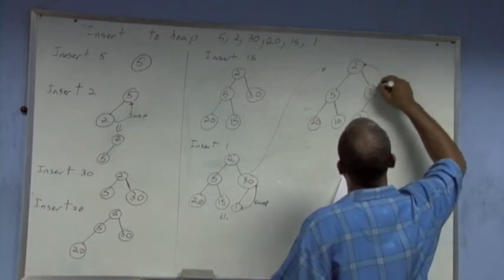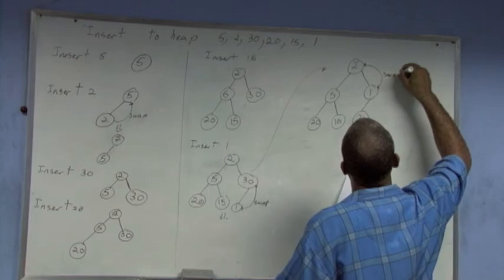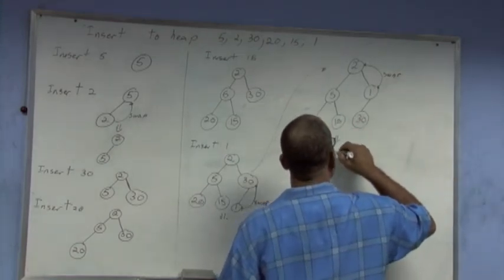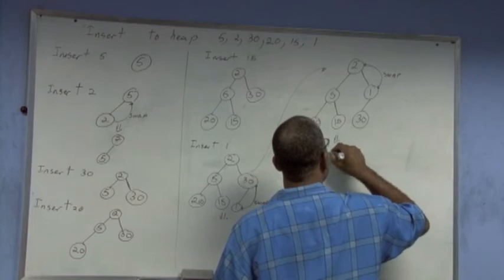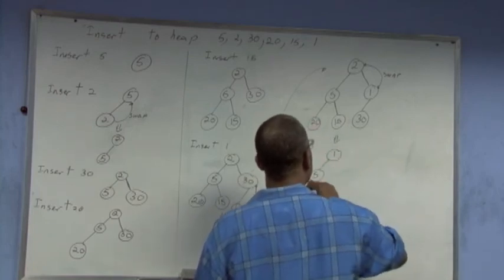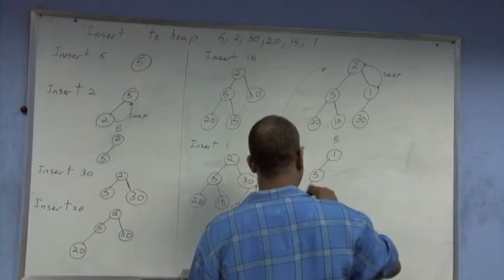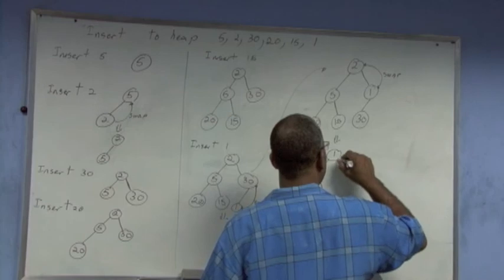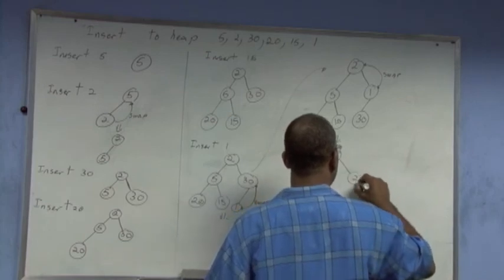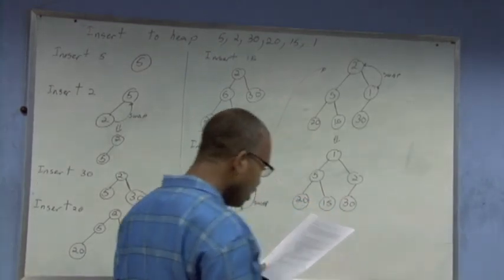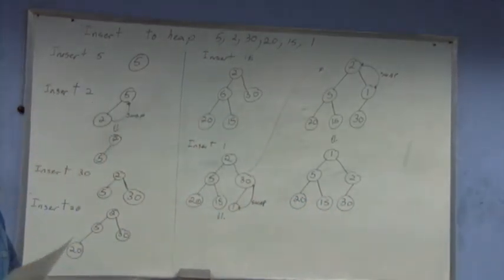So we're going to swap here again. So we end up with 1, 5, 2, 15, 2, 30. And that's our heap.